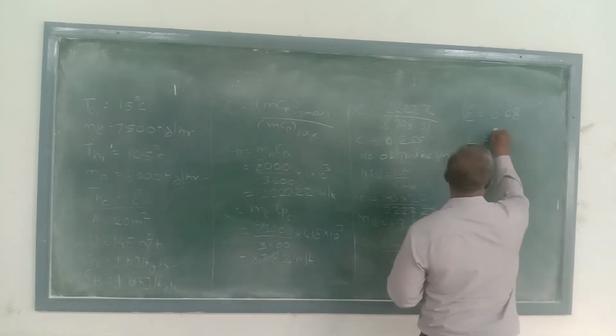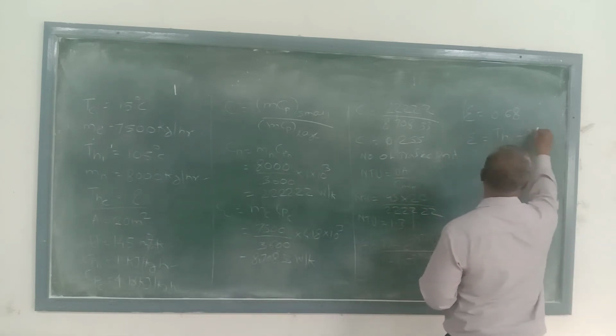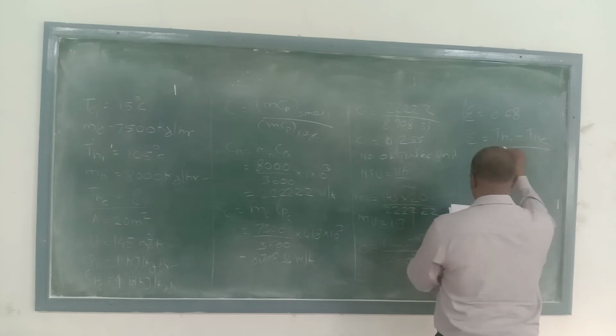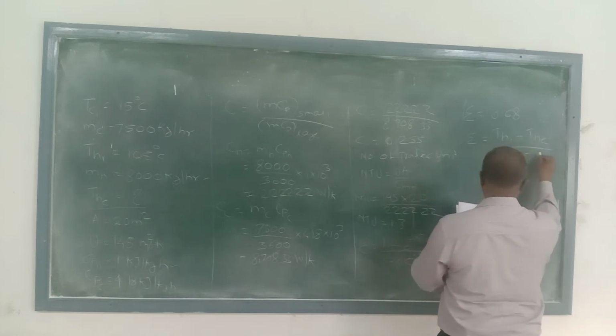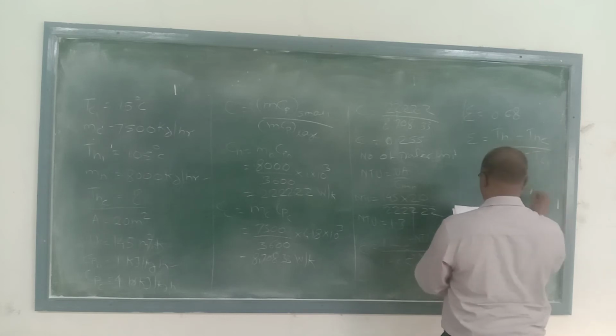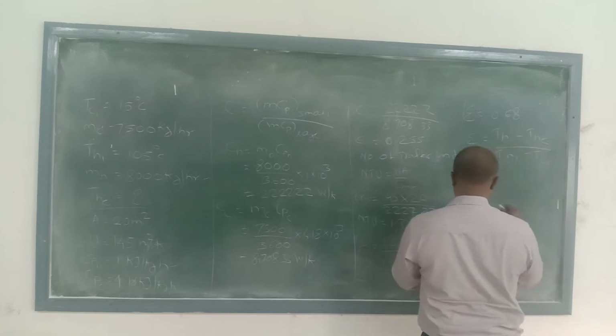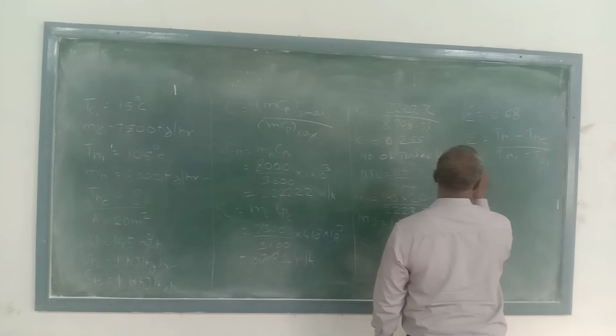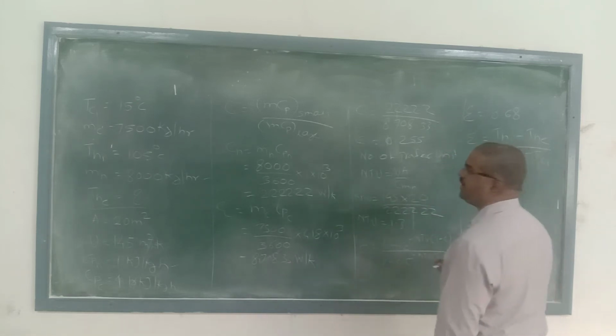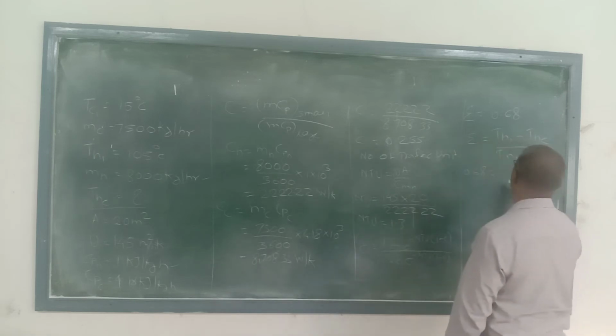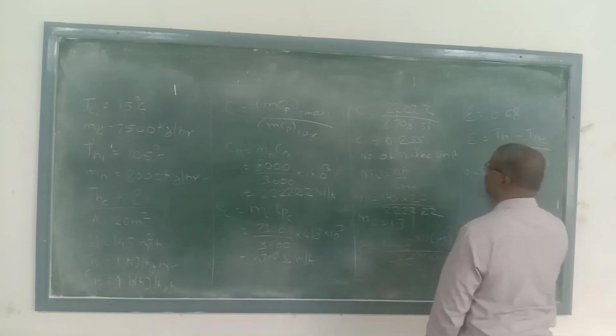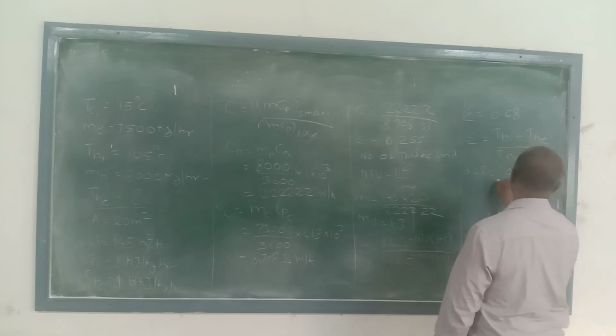So it is (THI minus THE) upon (THI minus TCI). The effectiveness 0.68 we have calculated, THI they have mentioned as 105, and THE we have to calculate.